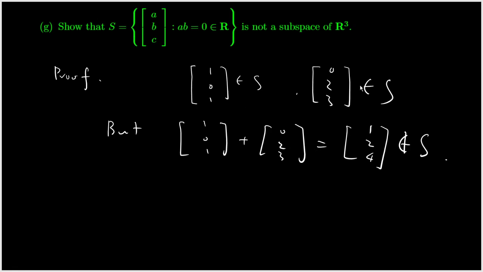These are two particular vectors in S, but the sum is not in S. That means S is not closed under vector addition, right?